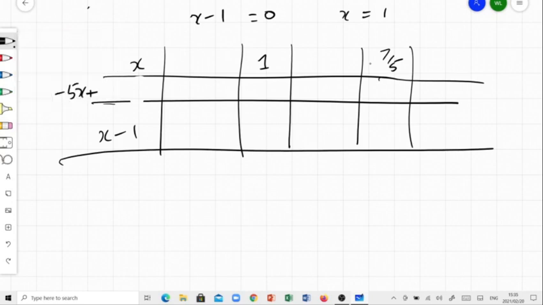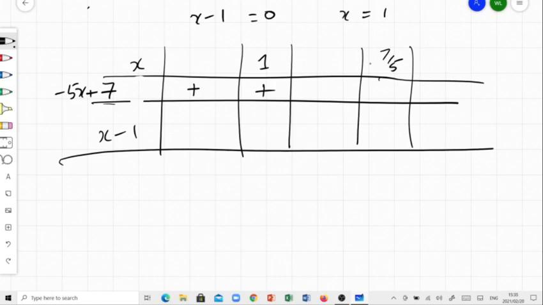Remember that this is minus 5x plus 7. So when I make x equals 0, this thing will be plus 7, so it will be positive through the whole region. At x equals 1, I get minus 5 plus 7, so that is 2, so therefore it's going to be positive.